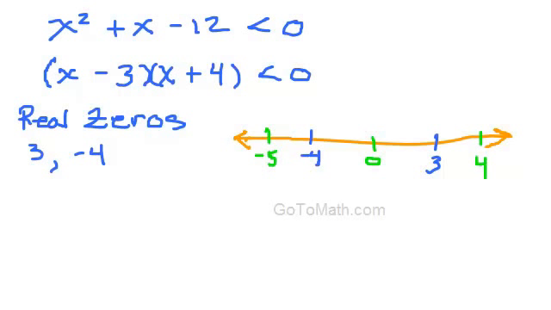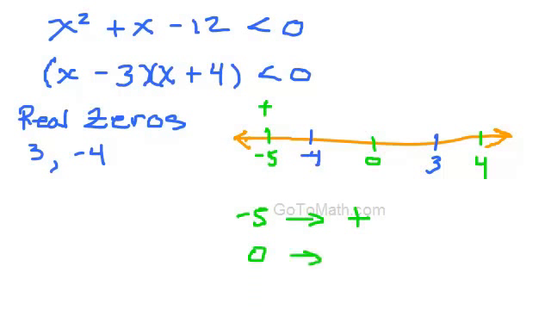Okay. So let's look at negative 5. When we plug negative 5 in up here, we get a negative number, negative 8. Plug negative 5 in the other factor, we get a negative number, and a negative times a negative is a positive number, so we're going to put a positive sign right above that. Then take a look at 0. Plug it in, you get a negative.